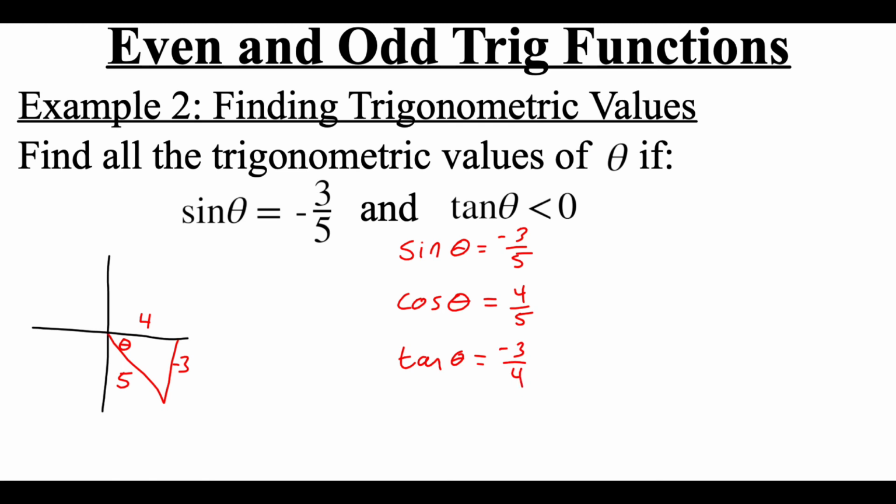And then we've also got all of our reciprocal trig functions as well. So the cosecant of theta is the reciprocal of the sine, so that's 5 over negative 3. The secant of theta is the reciprocal of the cosine, so that's going to be 5/4. And the cotangent of theta is the reciprocal of the tangent, so that's going to be 4 over negative 3.